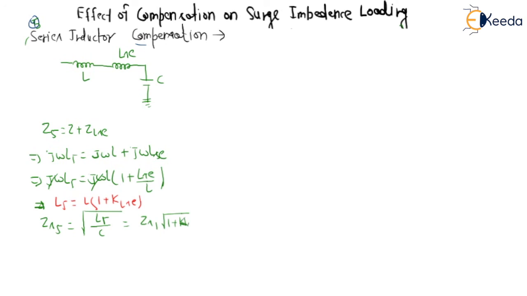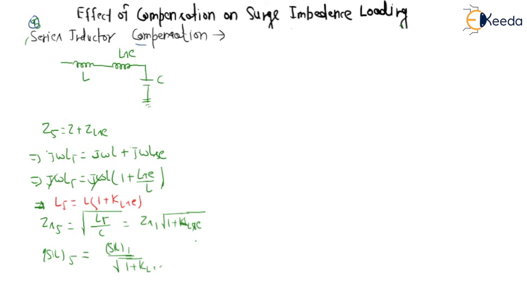So ZS5 is equal to ZS1 under root 1 plus KLSE. Now if I want to write SIL5, it will be equal to SIL1 upon under root 1 plus KLSE.